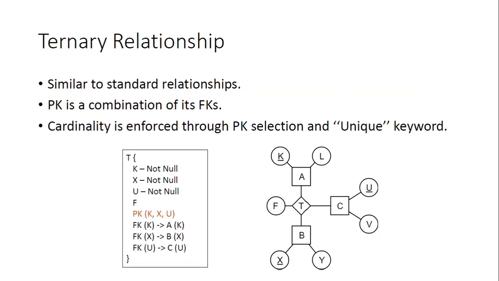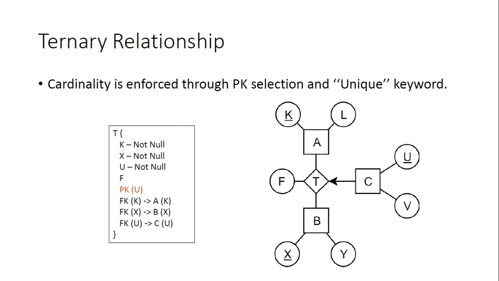And if you look at the ternary relationship, it is actually similar to the normal relationships. One thing differs, that's the cardinality. If it's many-to-many-to-many, then again the primary key is going to be the combination of all the foreign keys.